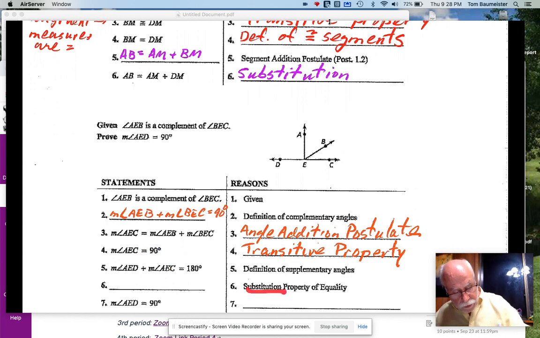That's why it's called the substitution property. So we are going to say that the measure of angle AED plus 90 degrees is equal to 180 degrees.